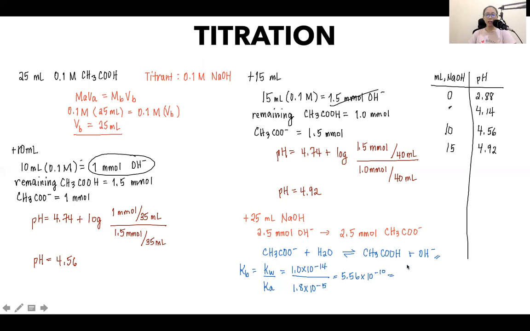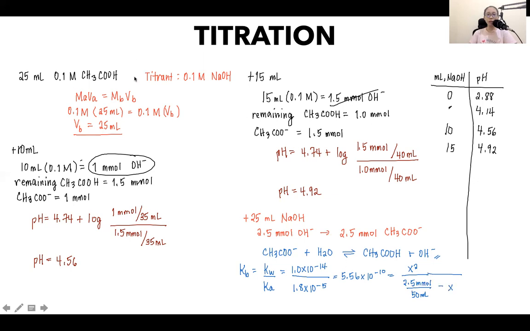And this is equal to x squared over the concentration of acetate, which is 2.5 millimole divided by the total volume, which is 50 ml. Why is it 50? Because 25 ml of sodium hydroxide plus 25 ml of the acetic acid solution, the analyte. So you now have a total of 50 ml minus X.